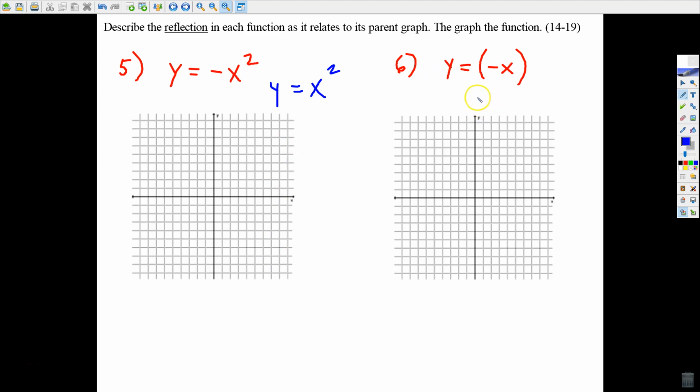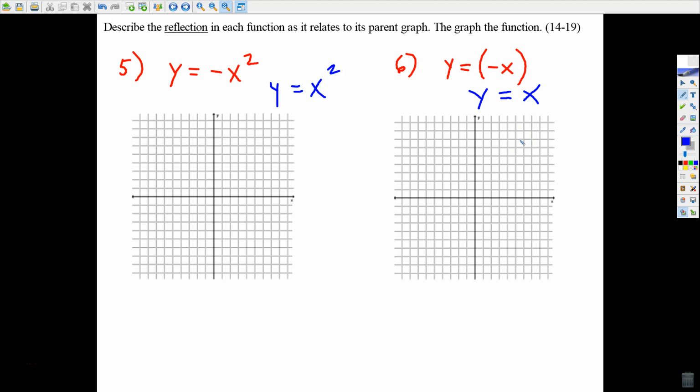What about number 6? What's the parent here, Jackson? Well, when you answer the question, what is the parent, you've got 3 choices. Y equals x, y equals the absolute value of x, or y equals x squared. Y equals x, okay. And are we reflecting over the x or over the y? X. Where's the minus? Inside.